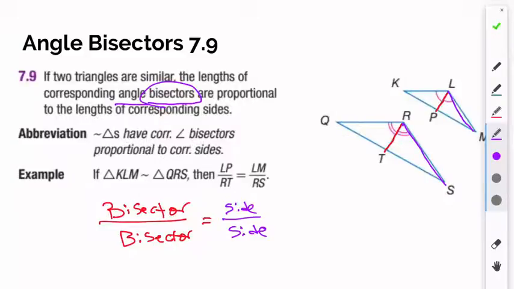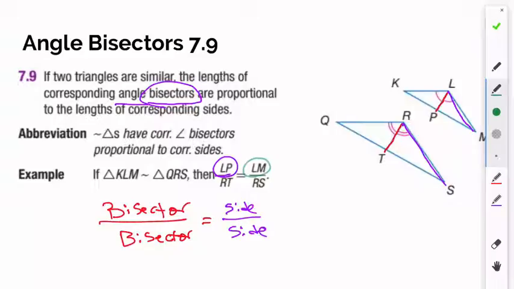What is important to remember too is the original thing that we put down here, the bisector LP of the first triangle is equal to, notice they put the LM on top, in the numerator in the second ratio, because the whole numerator section of these is going to be the same triangle.